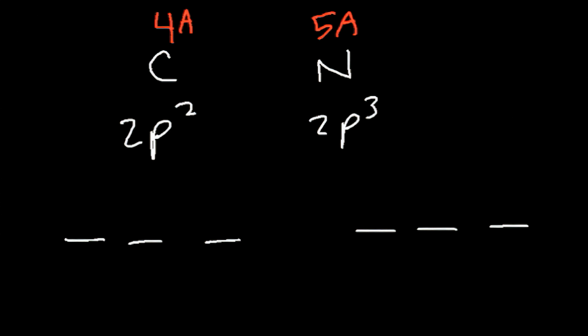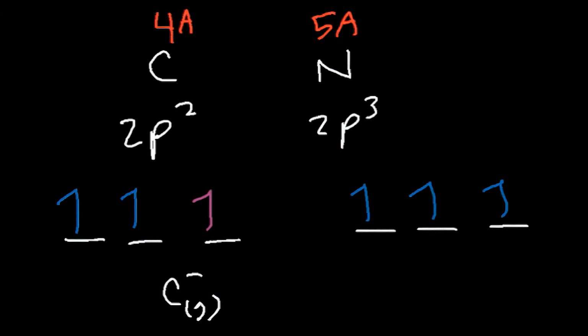Currently, carbon has 2 electrons in its 2p orbital. Nitrogen has 3. So if we wish to create the C- gaseous ion, we just need to add 1 electron to carbon. And notice that the 2p orbitals are still unpaired. So because it has this empty space for an extra electron, the C- ion is fairly stable.